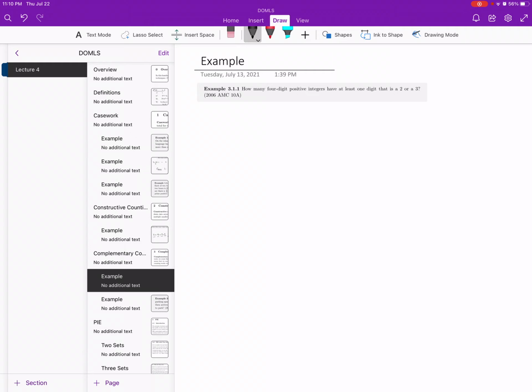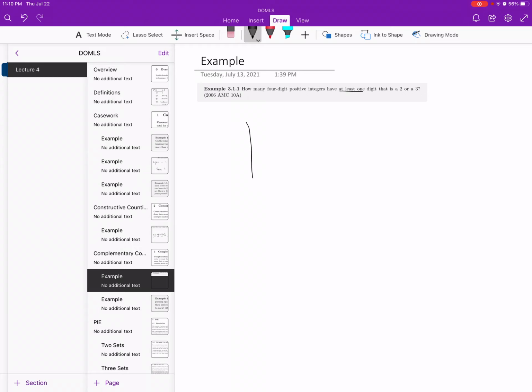So let's go to an example. How many 4-digit positive integers have at least one digit that is a 2 or a 3? Well, "at least one digit" is a big giveaway that we're going to use complementary counting.